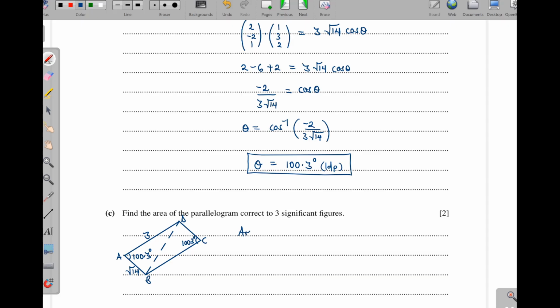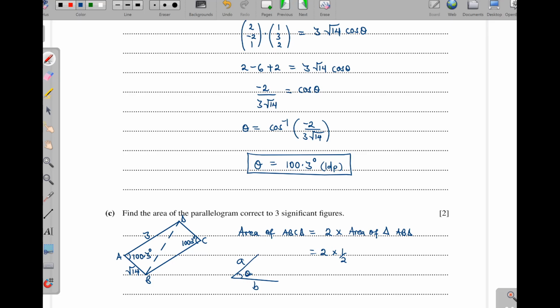Now, area of the parallelogram ABCD will be equal to 2 times the area of a triangle, let's say ABD. So this will be 2, then times a half. Area of a triangle which is not right angled, you just need to know two sides and then the angle in between.